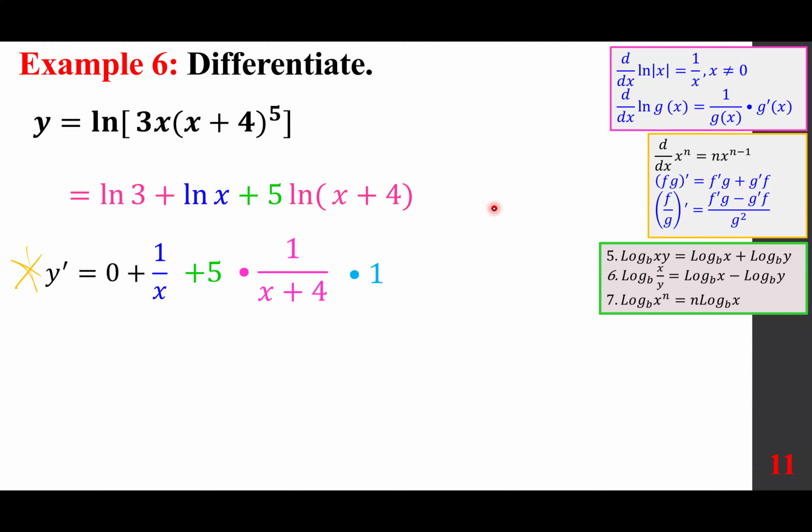Now we are adding 1 over x and 5 over x plus 4, which means we need to add them up, taking a common denominator. Common denominator for these two fractions is x times x plus 4. 1 times x plus 4 plus 5 times x.